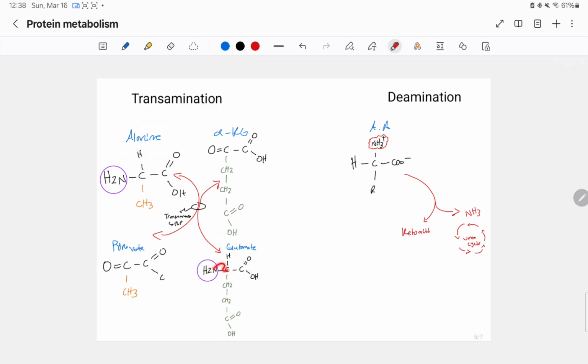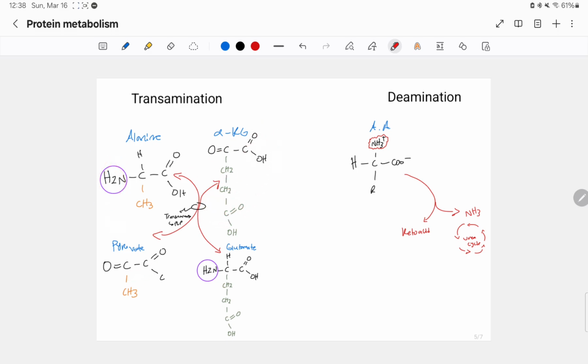How is this done? This is a transamination reaction, and it can only be done in the presence of something called a keto acid, or an alpha keto acid, I should say. The easiest way to think about a keto acid is that it's a carbon backbone skeleton for an amino acid. It just lacks the amino group.